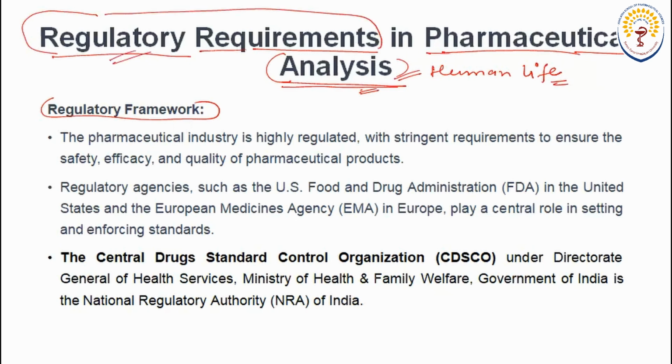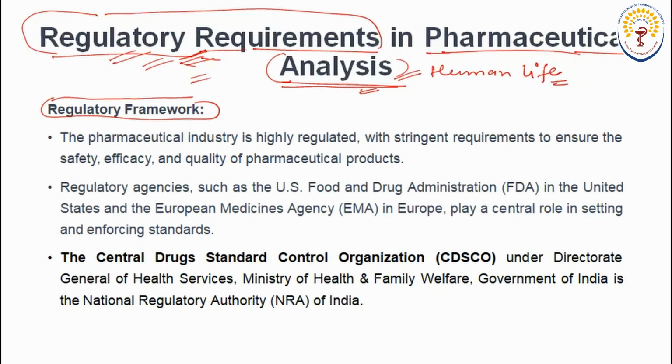These regulatory requirements are given by the authorities, the government bodies, or related organizations which are part of the government, which ensure that these criteria are met so that the pharmaceutical product will be of a particular quality.